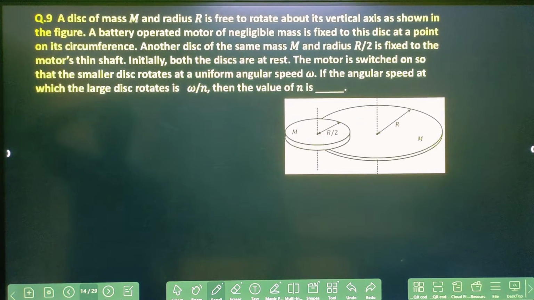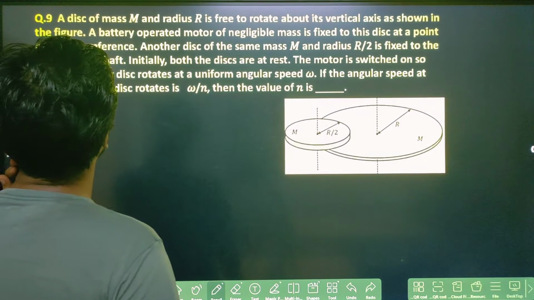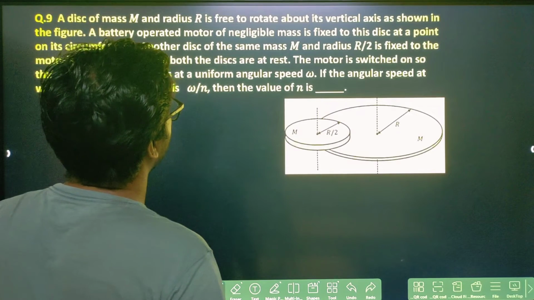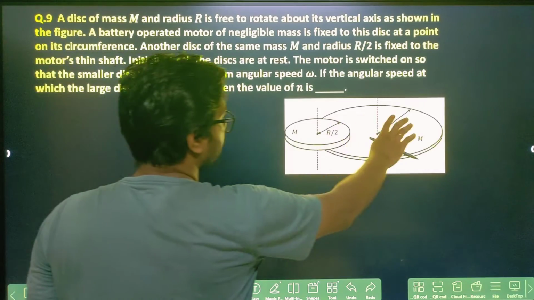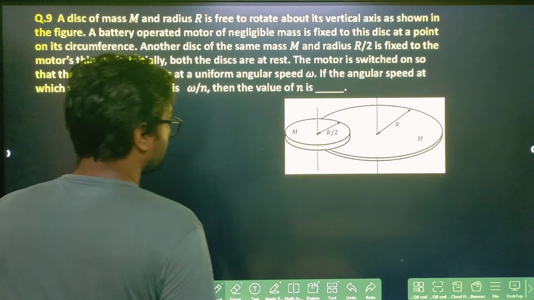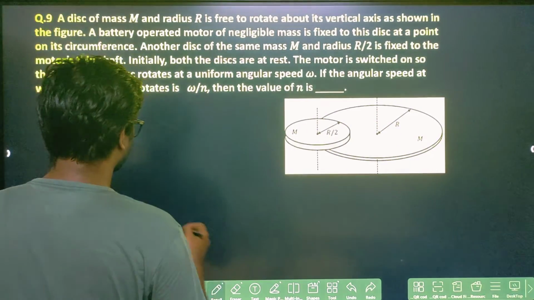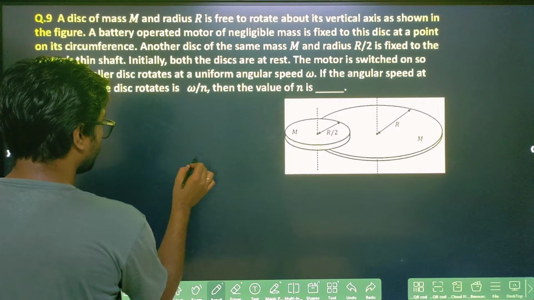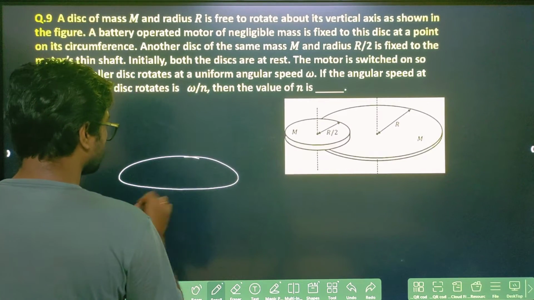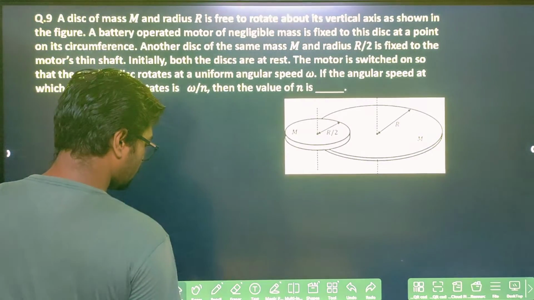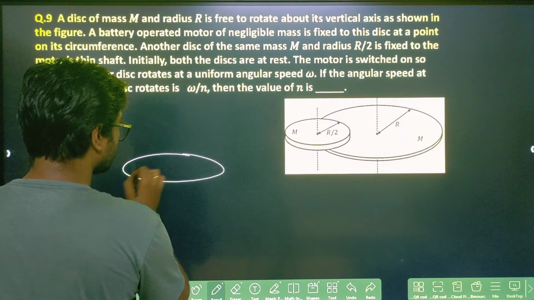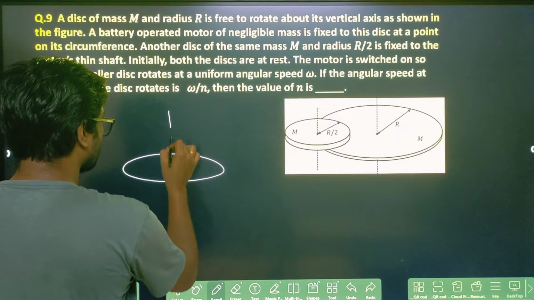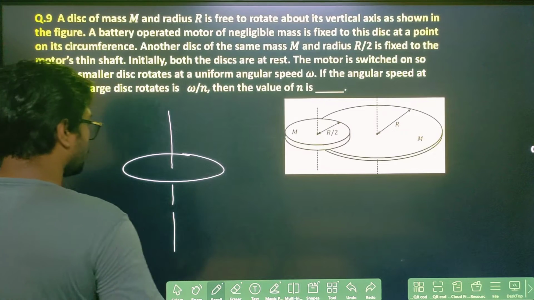Now a disc of mass m and radius r is free to rotate about a vertical axis shown in the figure. A battery operated motor of negligible mass is fixed to the disc at a point on its circumference. So this is the bigger disc and smaller disc. So I can draw here. What basically happening, this is your one bigger disc, right?